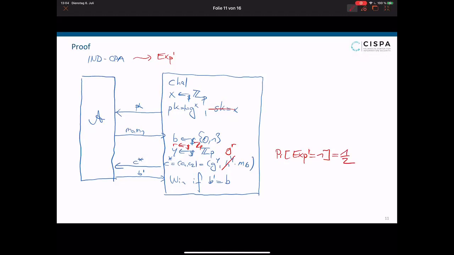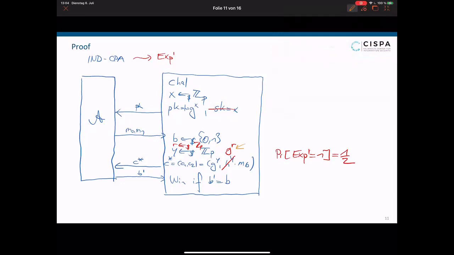So this G to the R here, right? This G to the R is used nowhere else. You can think of this as a one-time pad acting on MB. The other part that you learn, G to the Y, doesn't have anything to do with this R. So G to the R times MB is just a uniformly random group element, in fact, independent of MB.